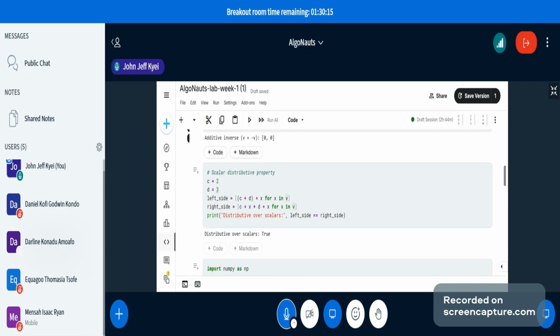So for the scalar distributive property, we have the distributive property of a scalar sum, which basically means that you scale a vector by a sum of scalars. When you scale a vector by a sum of scalars, it is the same as summing the vector scaled by each scalar individually. I don't know if I'm making sense. Let me see how I can explain it.